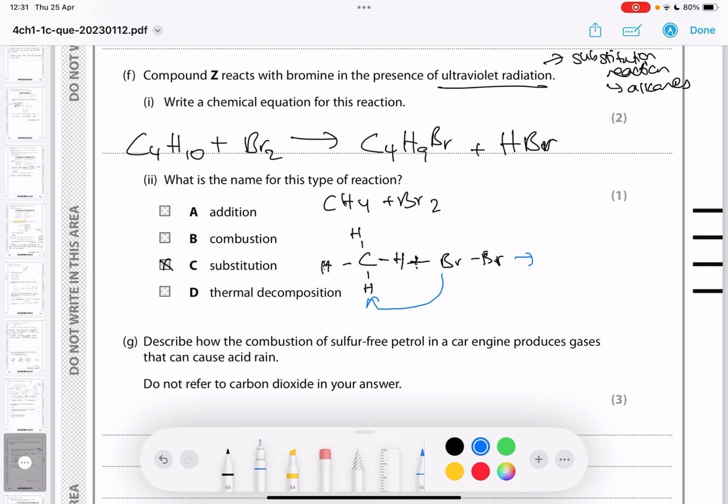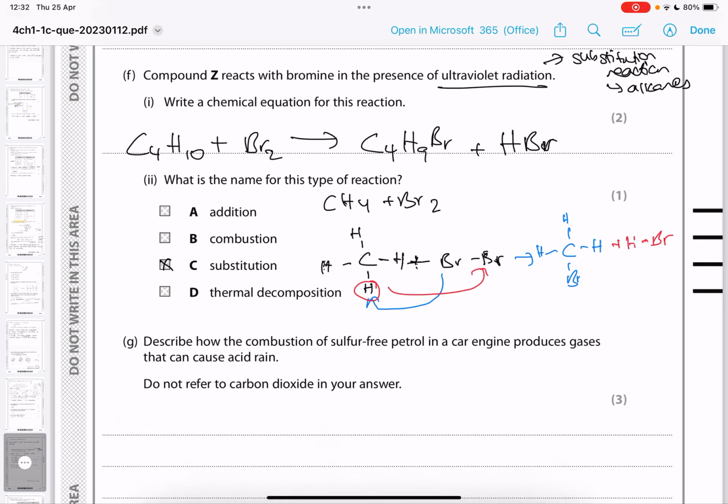So it replaces this hydrogen atom, and the bromine comes here, but now that hydrogen is just free. The hydrogen is removed from this methane, and this hydrogen combines with this bromine here, and we form HBr, okay? So now, if we react butane, that's C4H10, with bromine, one of the hydrogens is removed and replaced with a bromine, and you form HBr, okay?